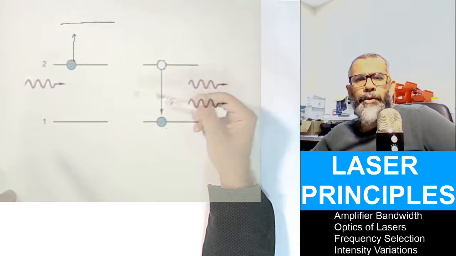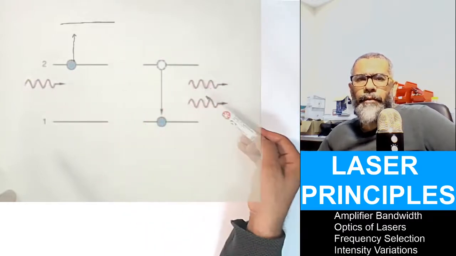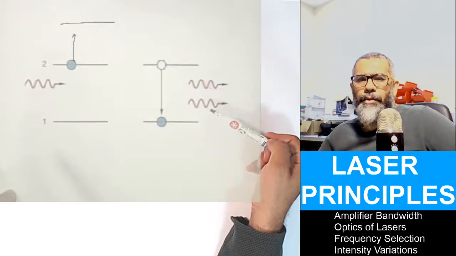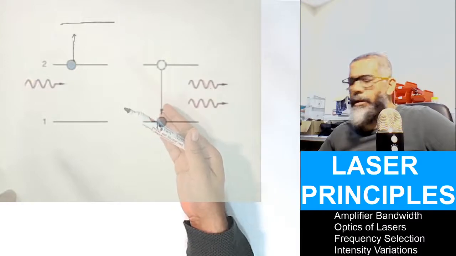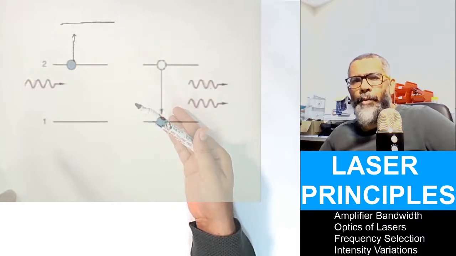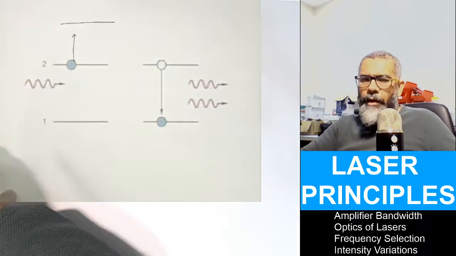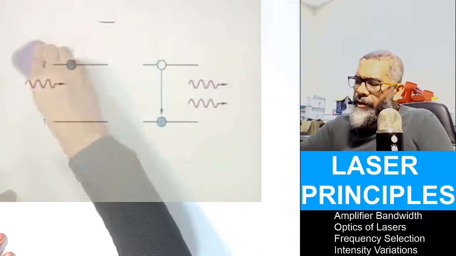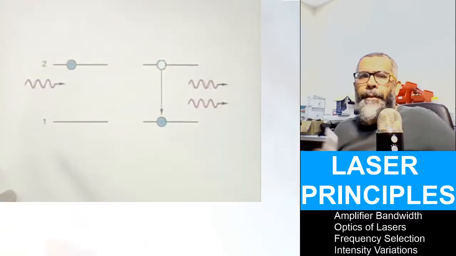So that means initially you have just one photon, but now you have two photons. The photon number has increased, and this is nothing but an optical amplifier. This is how a quantum optical amplifier works.